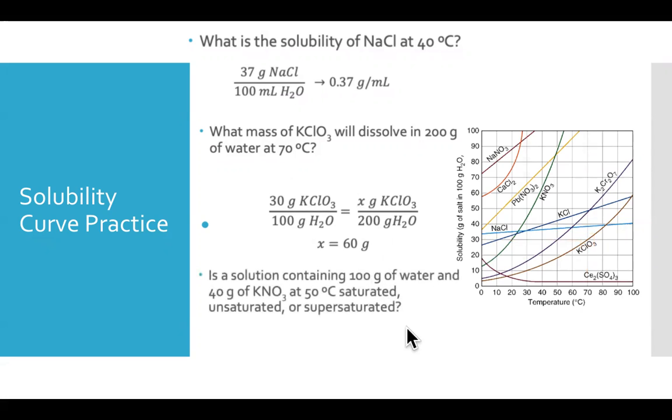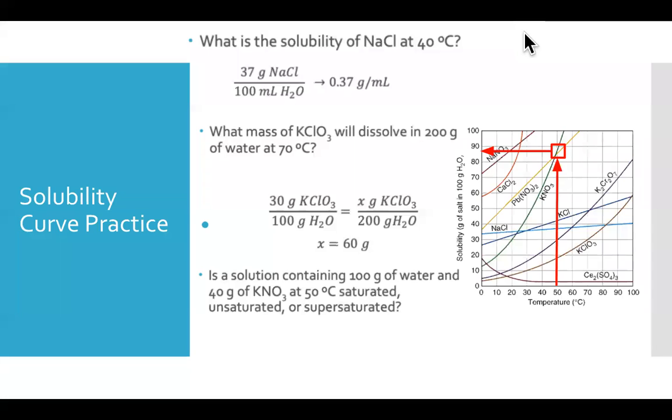Finally, I can ask a question like this. Is a solution containing 100 grams of water and 40 grams of KNO3 at 50 degrees Celsius saturated, unsaturated, or supersaturated? Well, once again, I will find where 50 degrees Celsius is on KNO3. I find that I can dissolve about, is that like 87 grams?